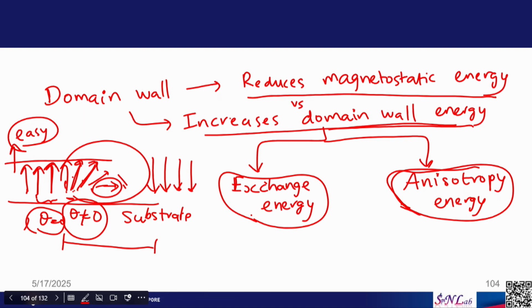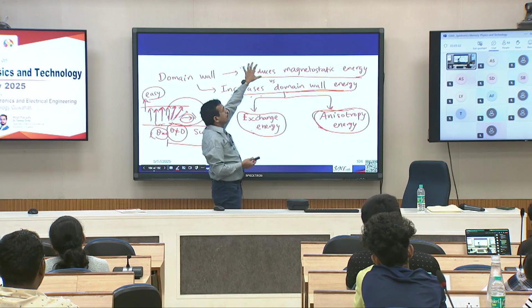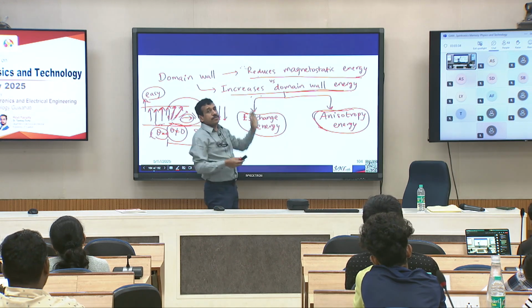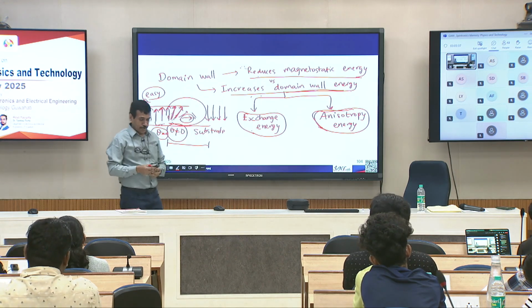Suppose you have a system in which the formation of domains reduces the magnetostatic energy drastically compared to this one, then the system will form domains. Suppose by forming domains you increase the domain wall energy more than the reduction that you can gain from here, then the system won't form domains.